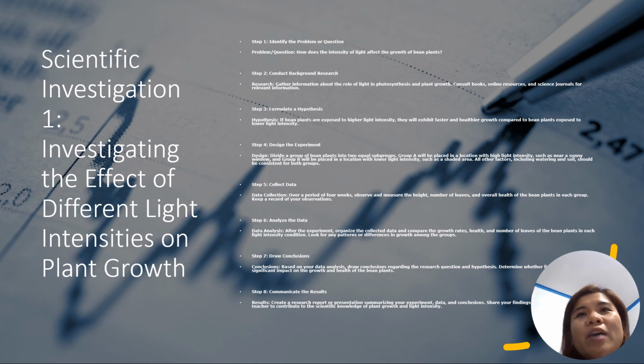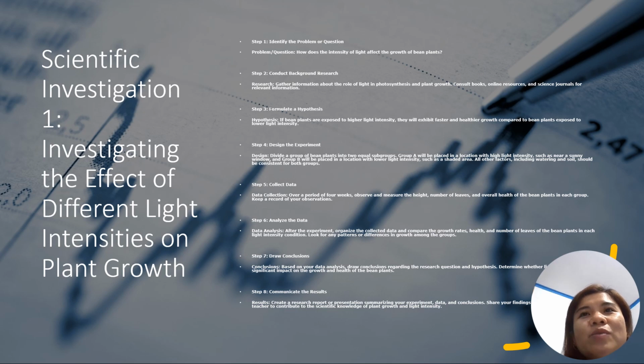Group A will be placed in a location with high light intensity, such as near a sunny window, and group B will be placed in a location with lower intensity, such as a shaded area. All other factors, including watering and soil, should be consistent for both groups. When you say consistent, the same amount, so that we have a fair test.